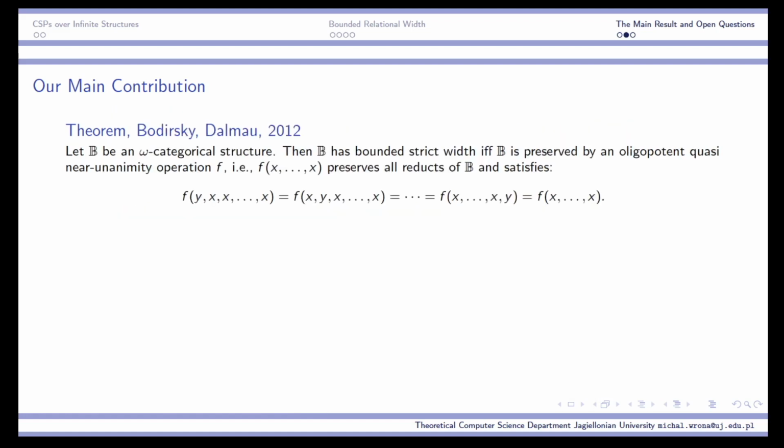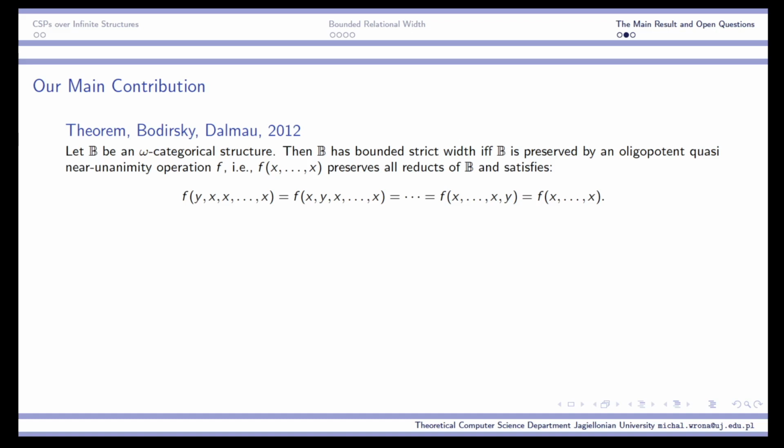We can also rewrite our result in terms of polymorphisms, because there is this characterization of bounded strict width over omega-categorical structures. It's known that a structure has bounded strict width if and only if it's preserved by an idempotent quasi near unanimity operation, which means that the diagonal, f(x,...,x), preserves all relations, and that f satisfies the displayed equation.